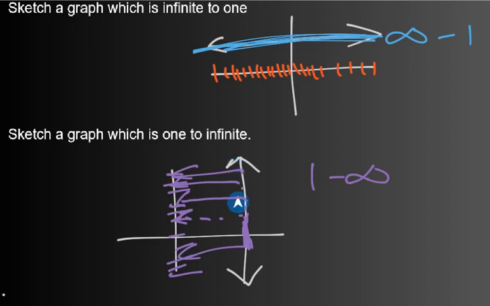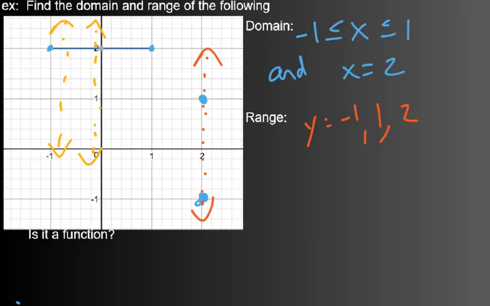Like this thing fails it horribly because there are an infinite amount of points stacked. But here, it still fails because this spot shares the same exact x value as this one, but they have 2 different y values. So the answer to that last question is no, and it's really because of that vertical line right there.